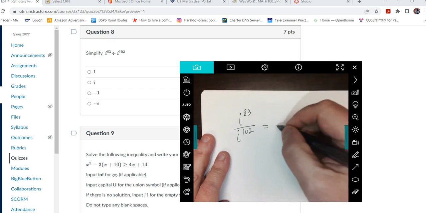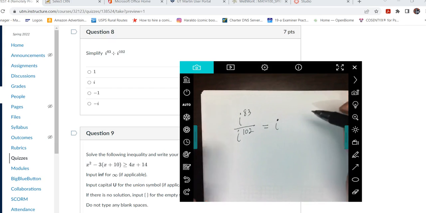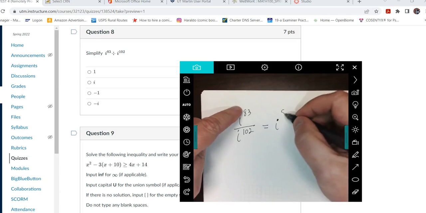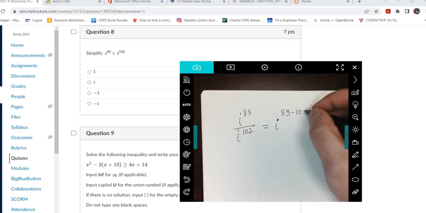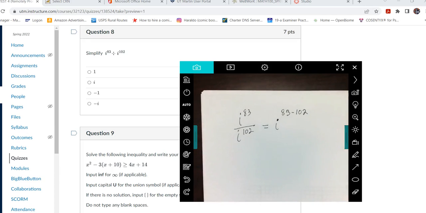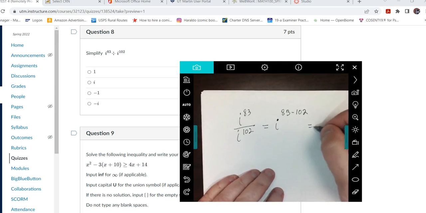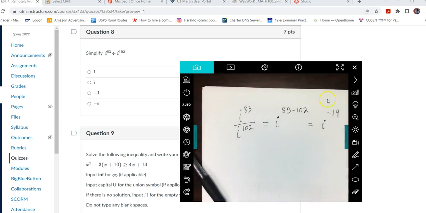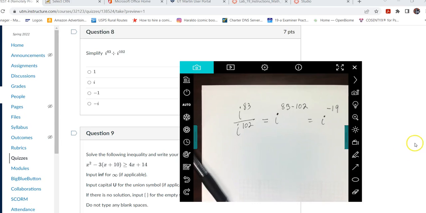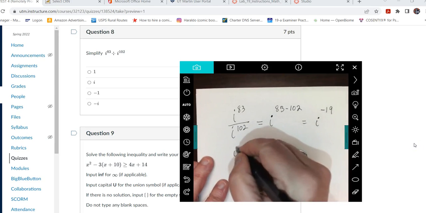Okay, that's going to be equal to i to the power of the exponent in the numerator minus the exponent in the denominator. Okay, so I'm going to have i to the -19. So let's see, first of all, what is i to the 19th?